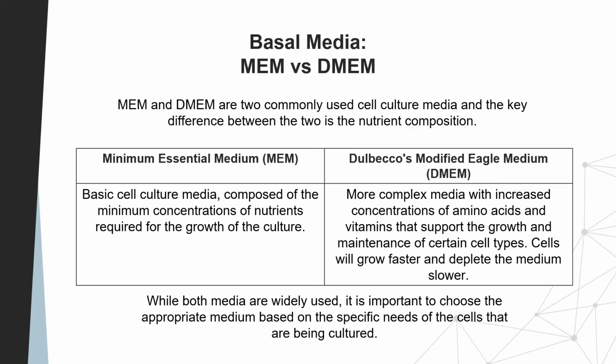DMEM, on the other hand, is a more complex media with increased concentrations of amino acids and vitamins that support the growth and maintenance of certain cell types. If you use DMEM, you'll find that cells will grow faster and they also deplete the medium slower. While both media are widely used, it is also very important for you to choose the appropriate medium based on the specific needs of the cells that you are culturing.